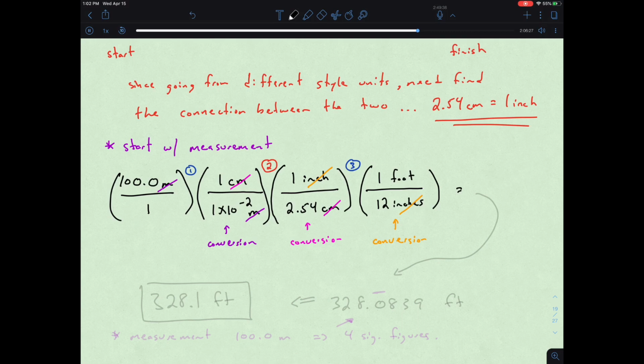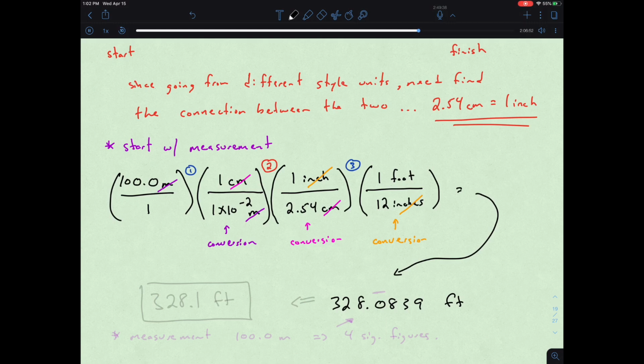And that gives us a value of 328.0839, there's probably some other digits there, feet.